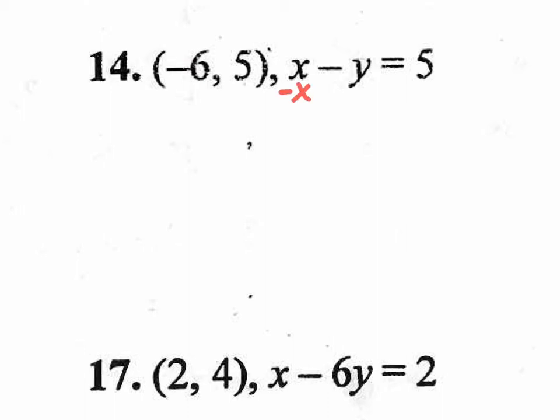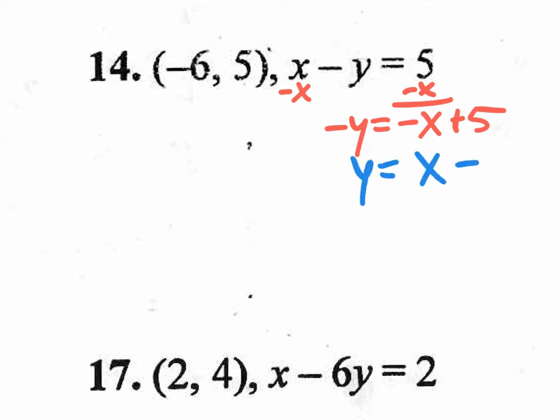Minus x, negative y equals negative x plus 5. So I still need to get the positive y instead of a negative y. So what would I do? Multiply everything by negative 1. I'd get y equals x minus 5. Are you with me? And now that it's in slope-intercept form, now I could see my slope value. What is my slope value right there? 1. Okay, my slope value is 1.